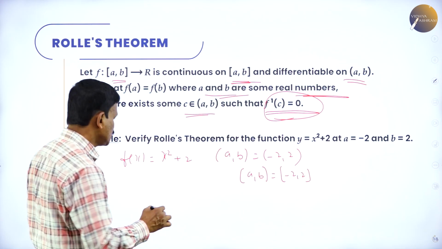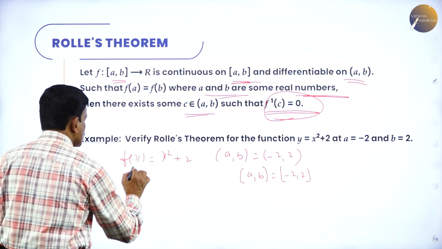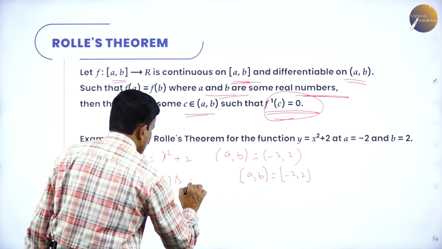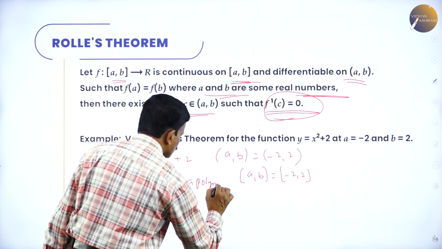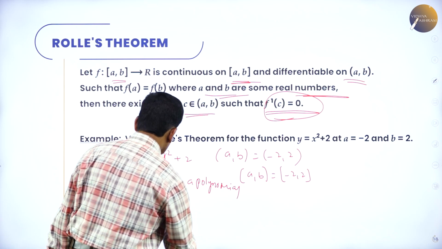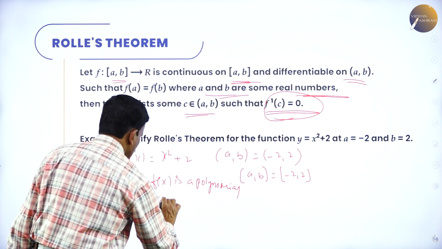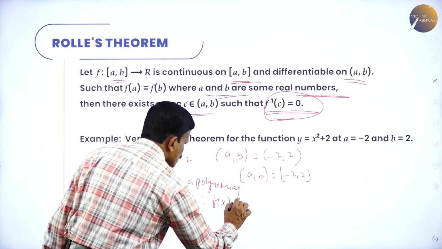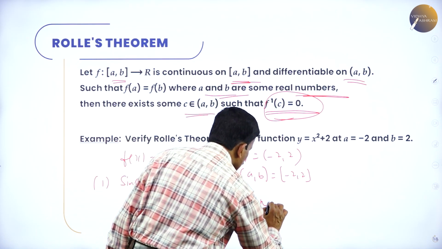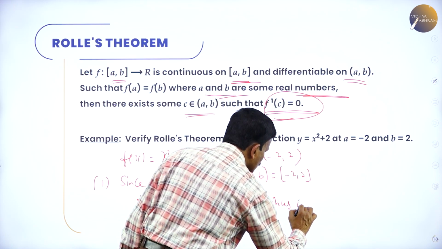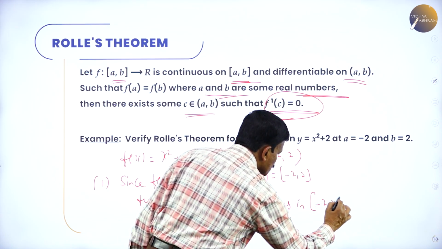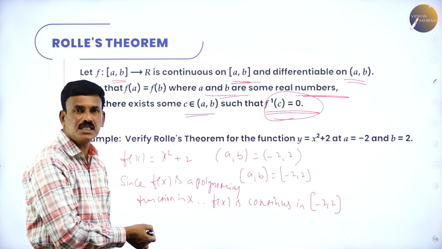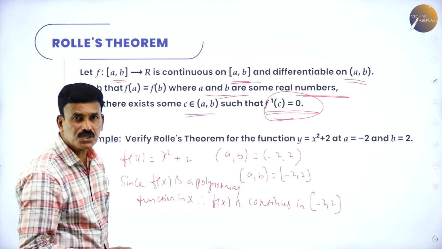Now first condition, what is the first condition? Since f of x is a polynomial function in x, therefore f of x is continuous in the closed interval [minus 2, 2].